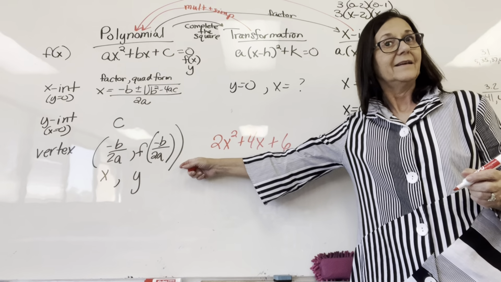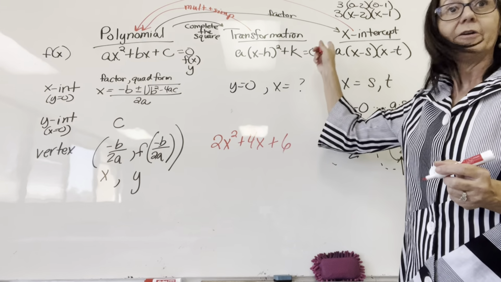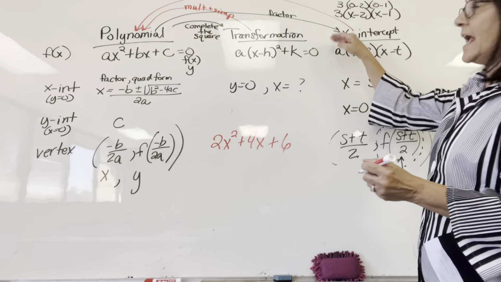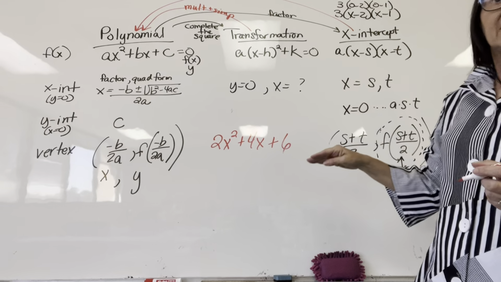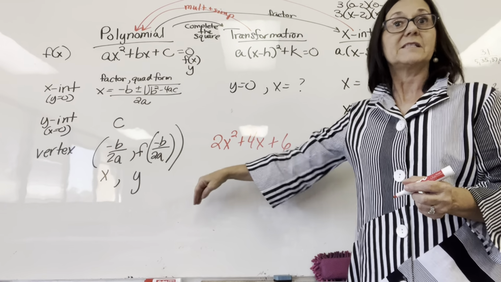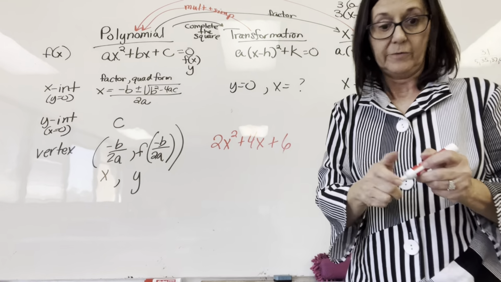You get it? That's when we're going to have an A value. So I may have to first factor out an A value and then ask myself of the resultant polynomial, what are factors of A times C such that I add them and get the B value, all right?